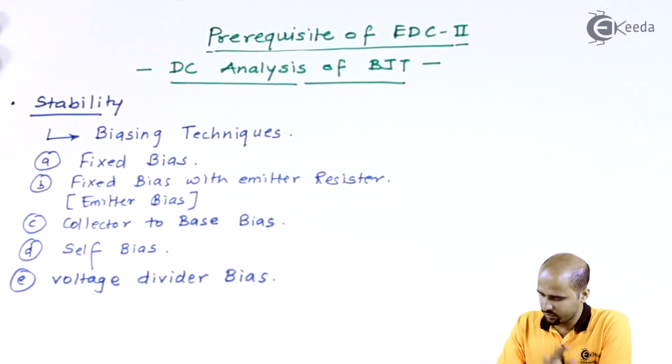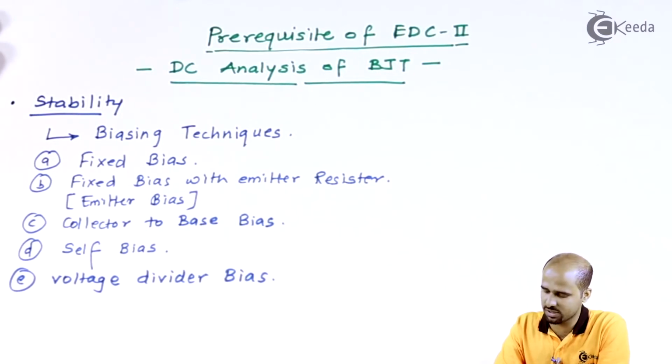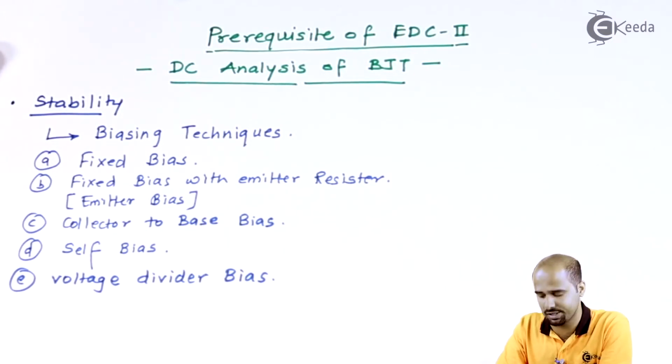So there are 5 basic biasing techniques.